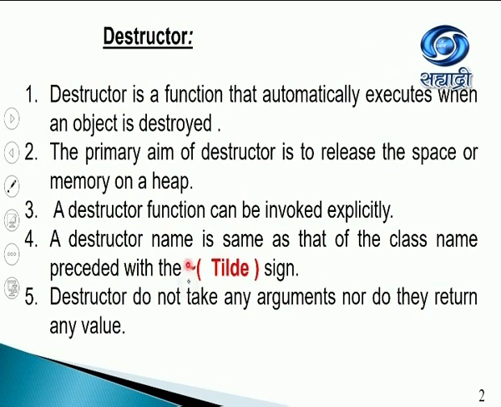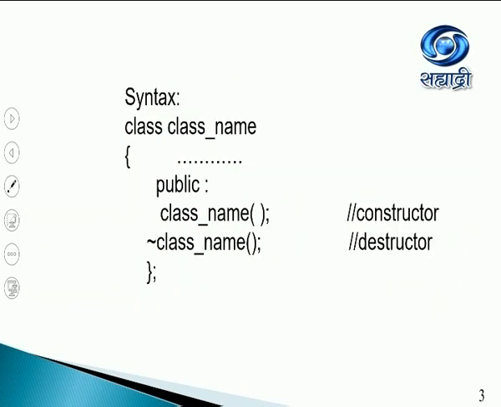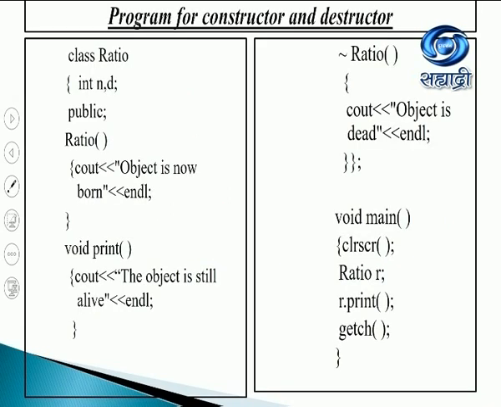It will have the same name as the class name, but it will always be preceded with the tilde operator. Destructors do not take any argument. They also do not have any return type. So in this example, this is a constructor, and obviously this is a destructor.